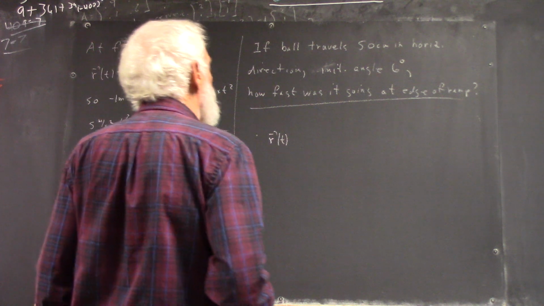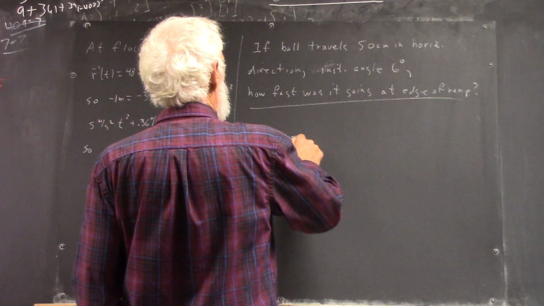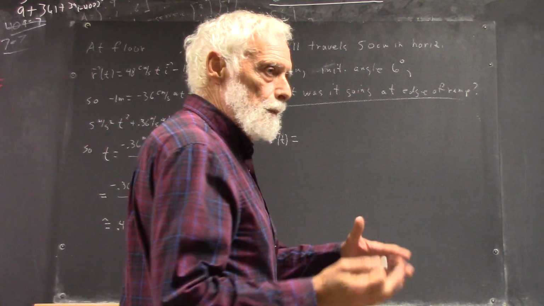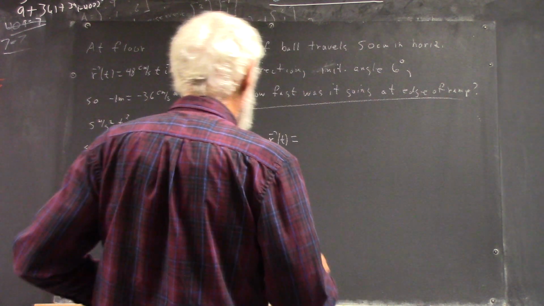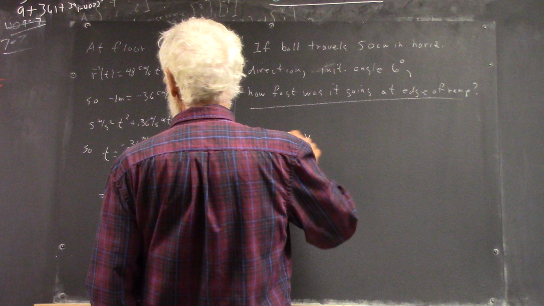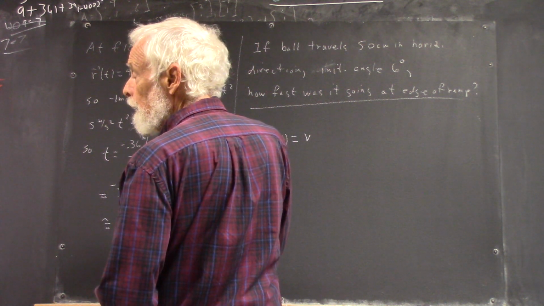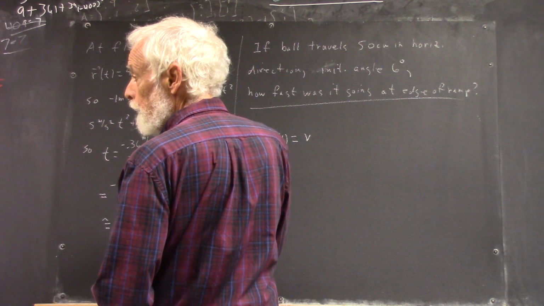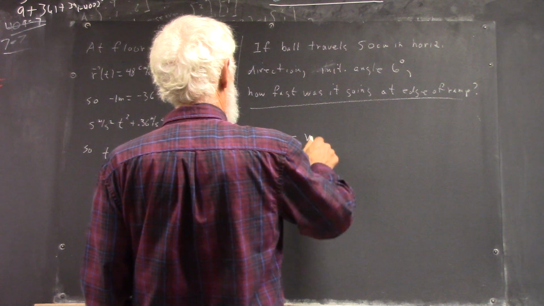you can see that your R of t function, the edge of the ramp is still going to be 0, 0. So R of t is going to be v naught t. I want to be consistent with my notation so it doesn't get confusing.